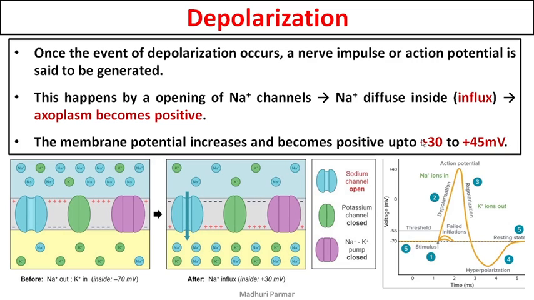ये again from cell to cell, neuron to neuron differ करता है which type of cell it is, but around +30 +40 millivolt is normally considered. Just look here. ये ग्राफ को ध्यान से समझो. Okay, this I will only teach once, so pay all your attention here.